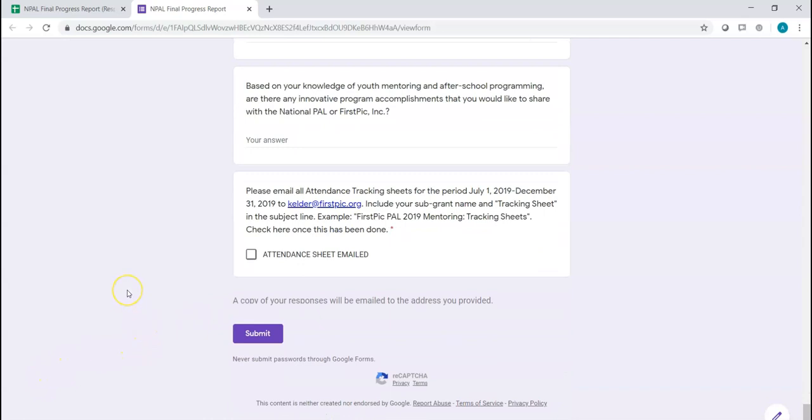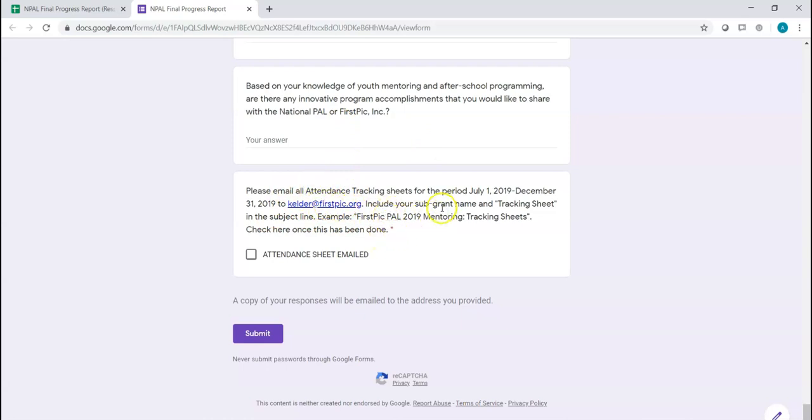And then this last part here is just please email your attendance tracking sheets for the period. So again, starting on July 1st of 2019 through the end of the program year or the calendar year of December 31st. You can email that to someone here on our team at First Pick. Her name's Carrie, and her email is provided right here.